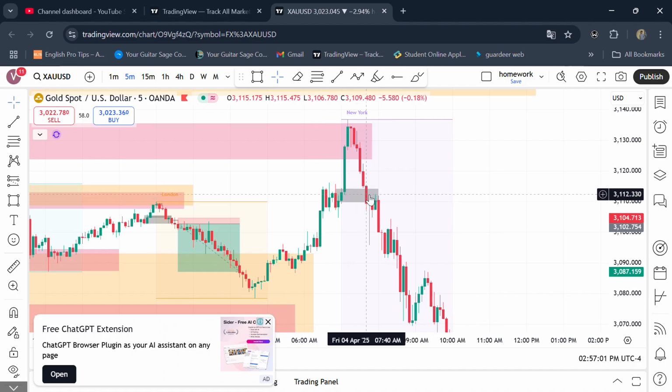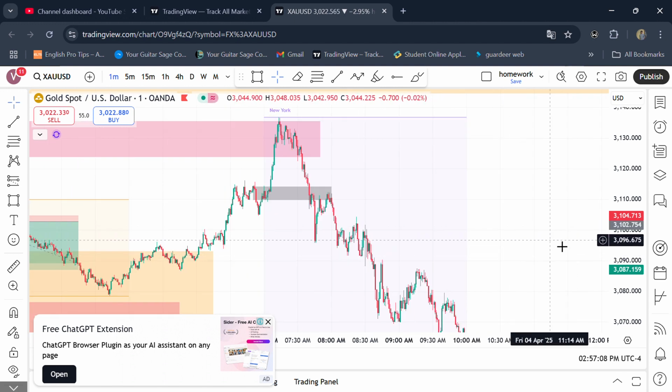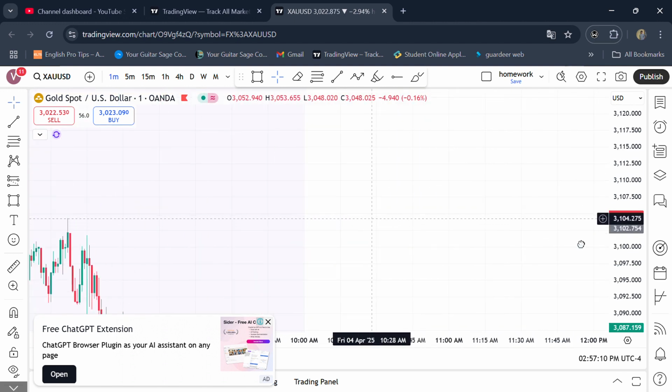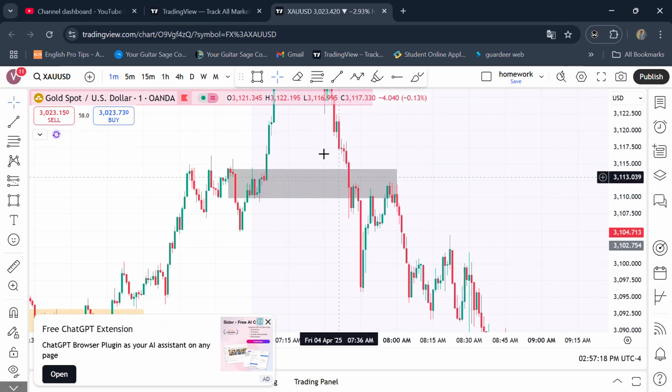So what you do is you wait for the price to break it, and then on lower time frame, you try to find an FVG and an order block. You'll see here the FVG was created, but then it was tapped very gently.